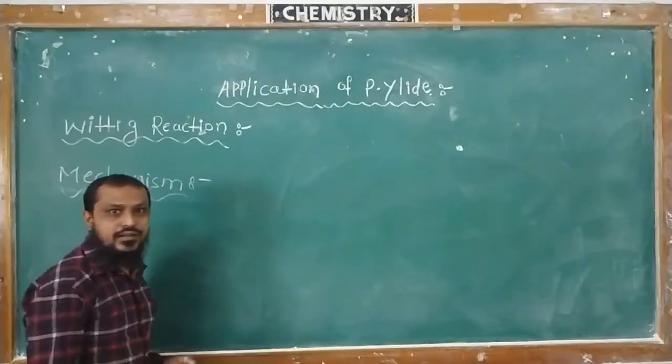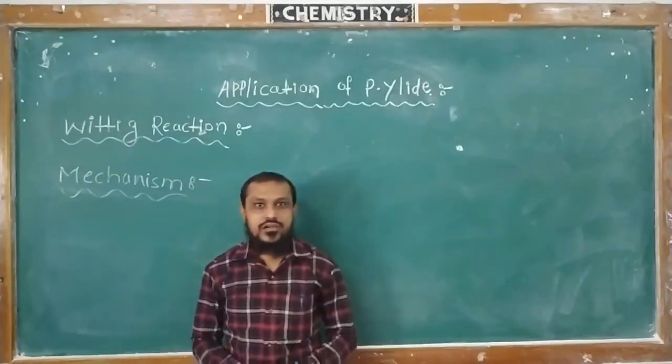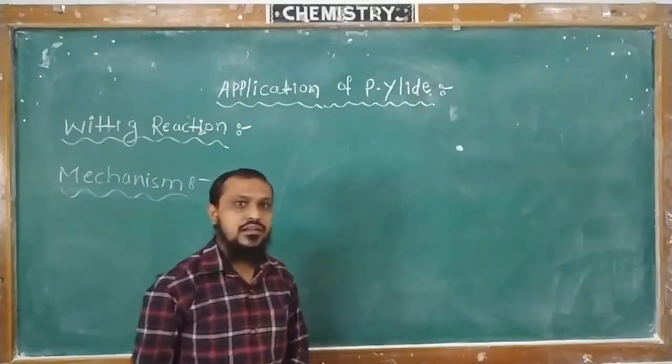We know that the phosphonium salt is prepared by the attack of triphenylphosphine on alkyl halide. Let's see here.